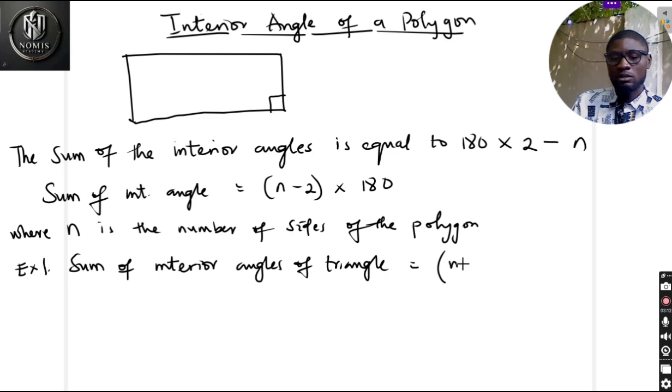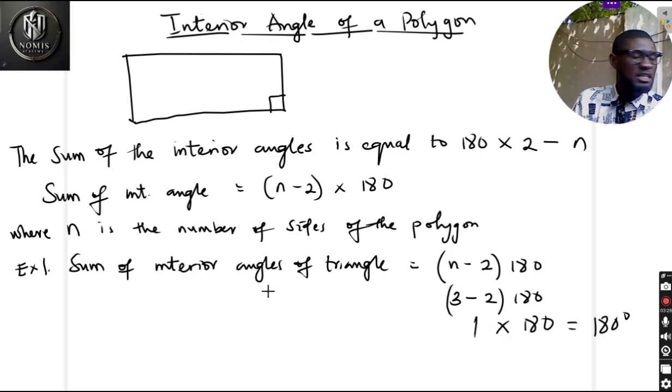So remember the formula is n minus 2 multiplied by 180. So since the triangle has 3 sides, 3 minus 2 multiplied by 180. 3 minus 2 is just 1, multiplied by 180. So that is 180. So the sum of the interior angles of a triangle is 180.